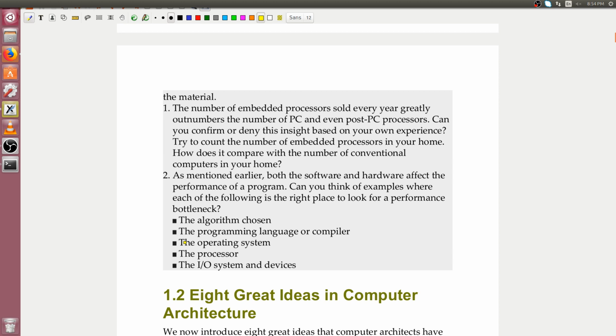So the programming language or the compiler. Depending on your application, you really need to look at the compiler for what you're doing, and you need to look at the optimizations that your compiler is doing, maybe even look at the assembly itself. The operating system, so there's going to be some operating system overhead.